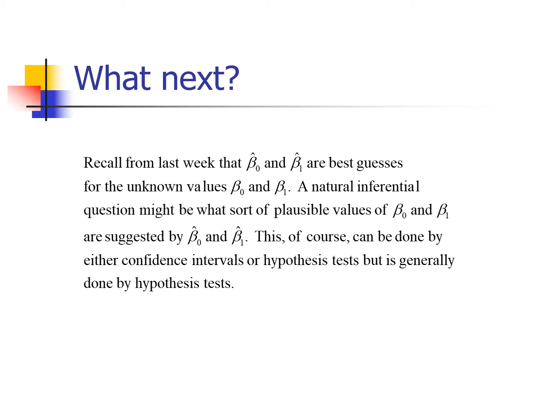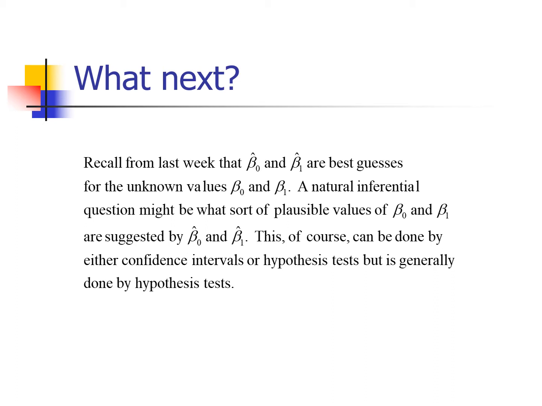That's our nice review. If you feel good about that example we just walked through, then you're in good shape. You could take week 1 and cross it off. You've mastered that one. And so let's move on to mastering our second week. Recall from last week that beta naught hat and beta 1 hat are best guesses for the unknown parameters beta naught and beta 1.